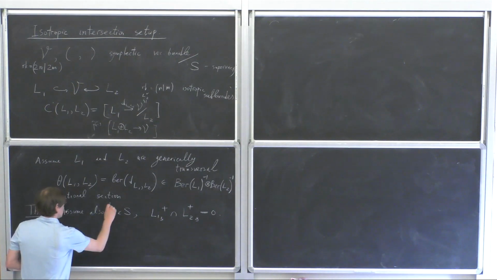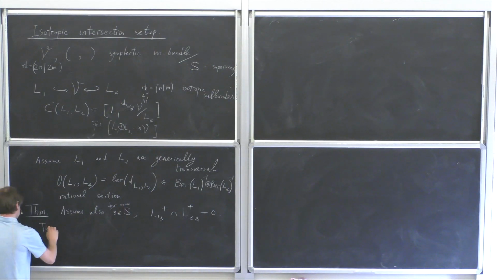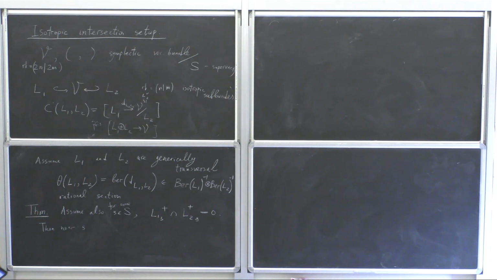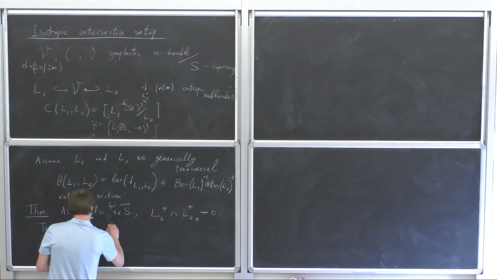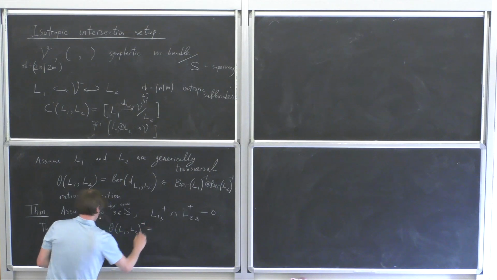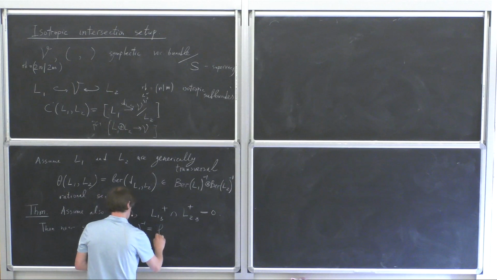So for some S, the claim is that near S, we can trivialize our bundles, so we can just think of theta as a rational function. And the claim is that in fact it's regular, or rather its inverse is regular. So theta of L1, L2 is regular, and furthermore, it's a square of a certain regular function.